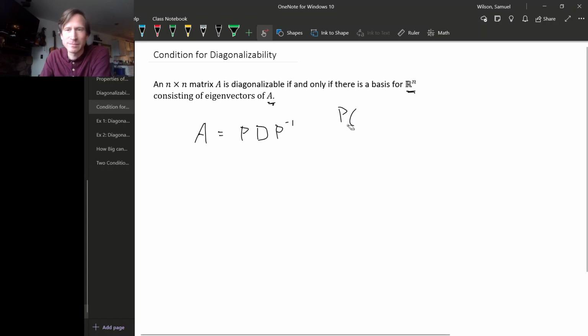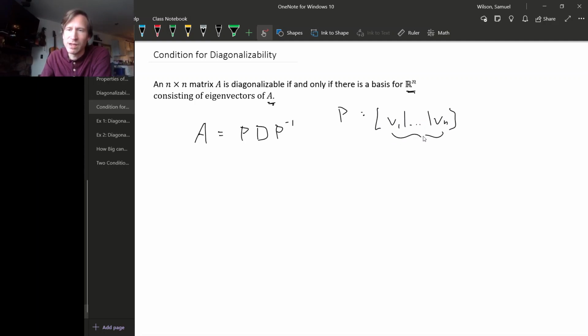whose columns were the eigenvectors of A, and we had this diagonal matrix D, whose diagonal entries were just the eigenvalues.